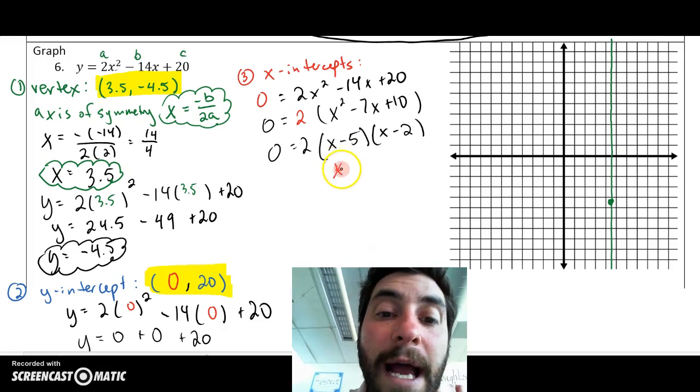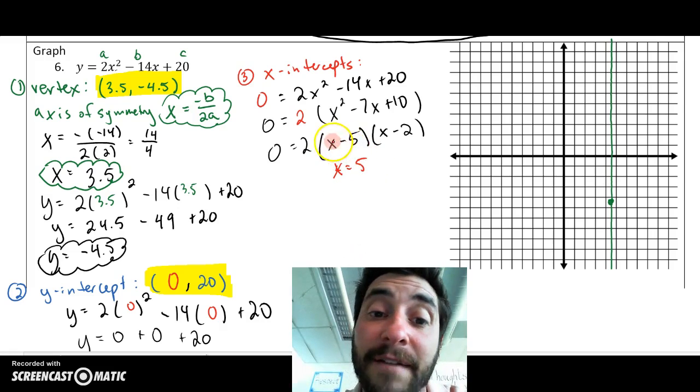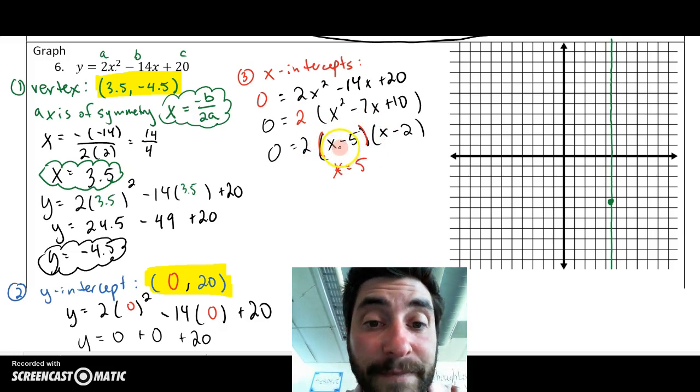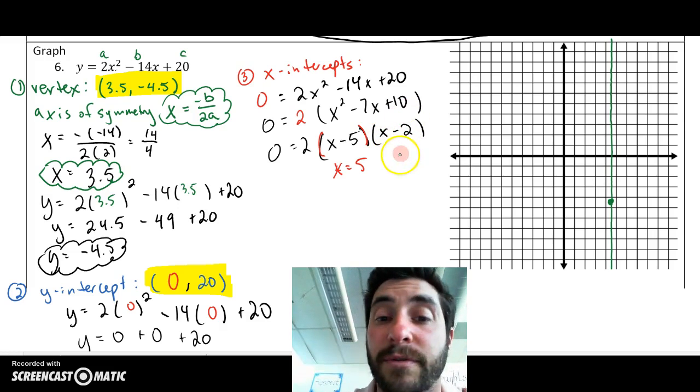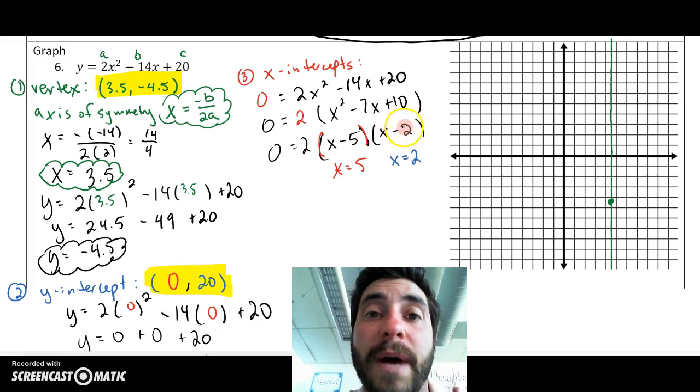X has to be 5, because 5 minus 5 makes this whole thing 0. What's x over here? Good, 2. X is 2. 2 minus 2 is 0.